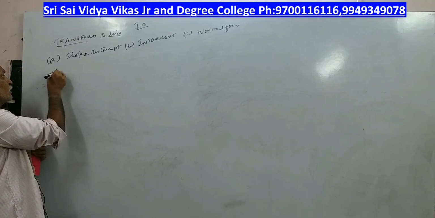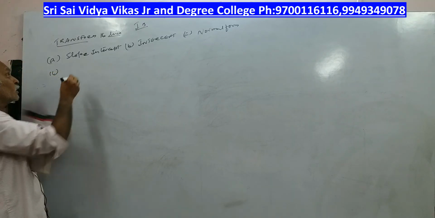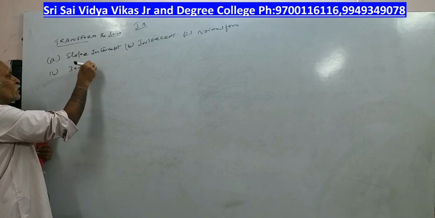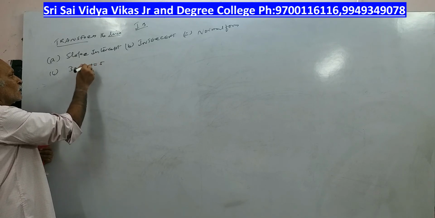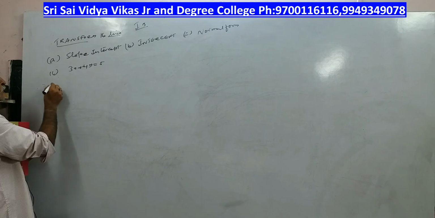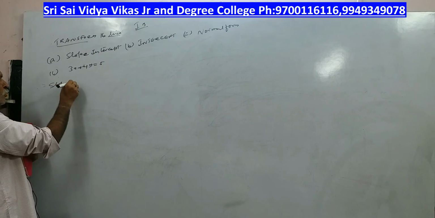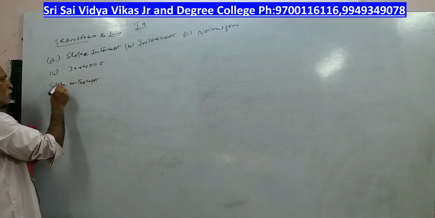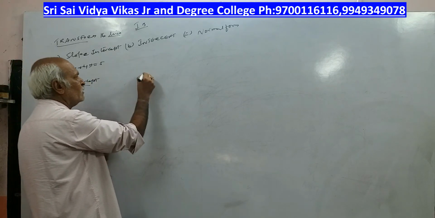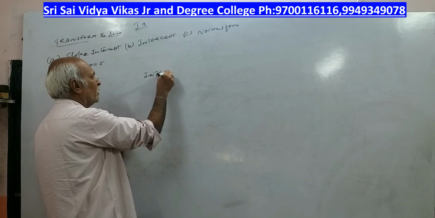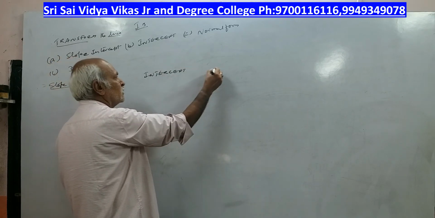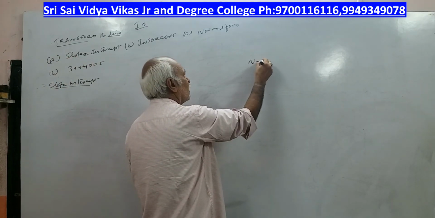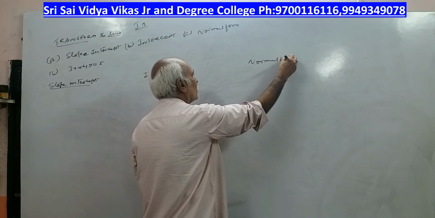First bit, first line equation, 3x plus 4y is equal to 5. Now, first I have to write slope intercept, second one intercept, third one normal.